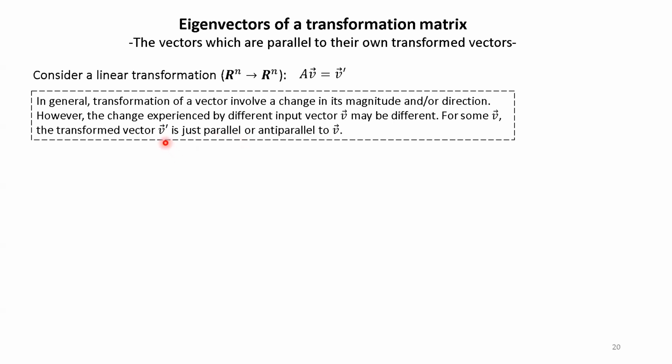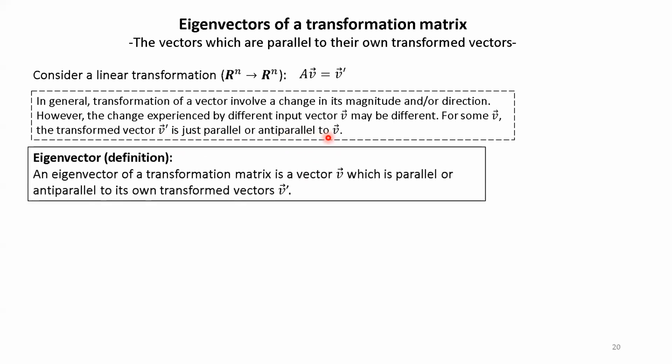Parallel means V prime and V point in the same direction. Anti-parallel just means that V prime and V point in exactly opposite directions, but still stay on the same line. So the definition of an eigenvector is a vector V which is parallel or anti-parallel to its own transformed vector V prime.